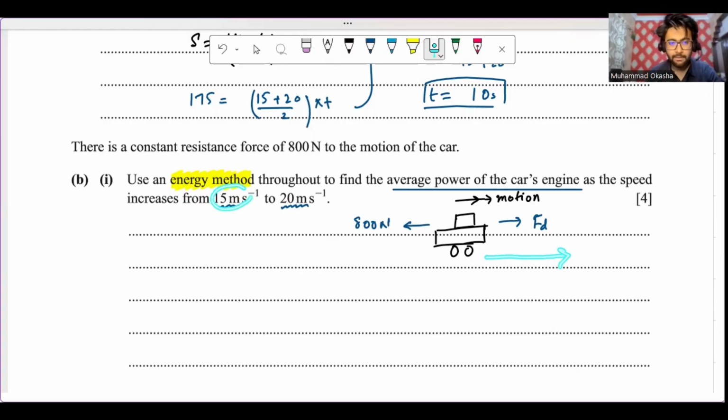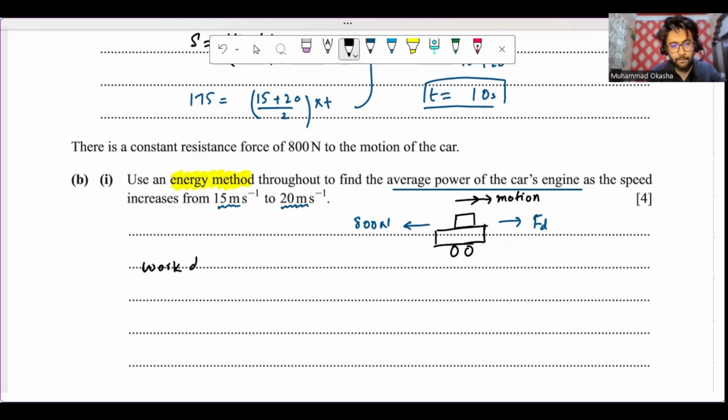For example, the speed increases from 15 to 20, which means the kinetic energy is increasing. Also, there is a resistive force pulling the body back as you're trying to move ahead, so there is also some work done to move the car against the friction. So I'll say work done by the engine is converted into the increase in the kinetic energy of the car plus work done against friction. You do some work to push the car forward against the resistive force. That's the only equation you need to solve this 4-mark question.